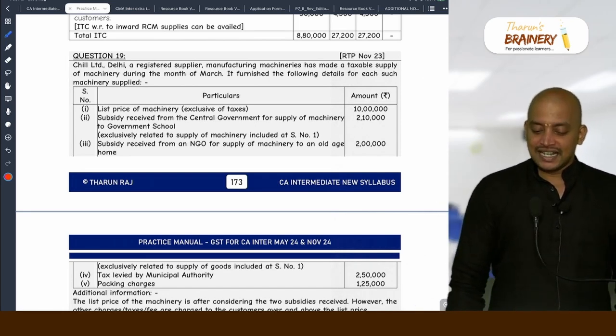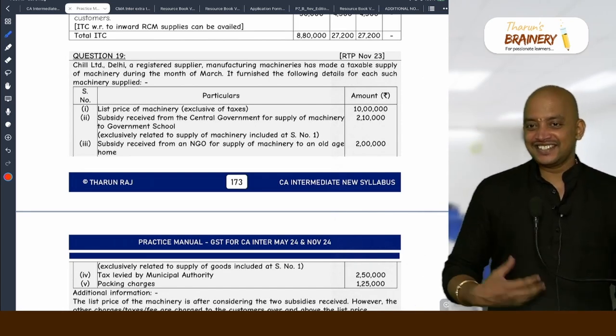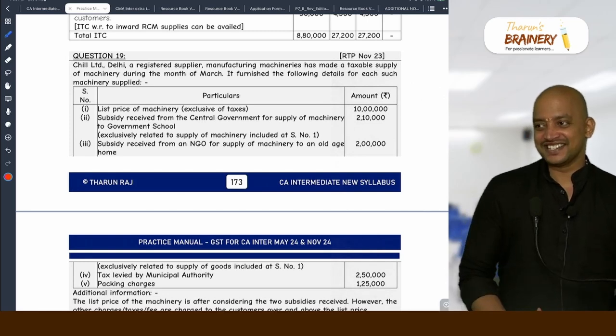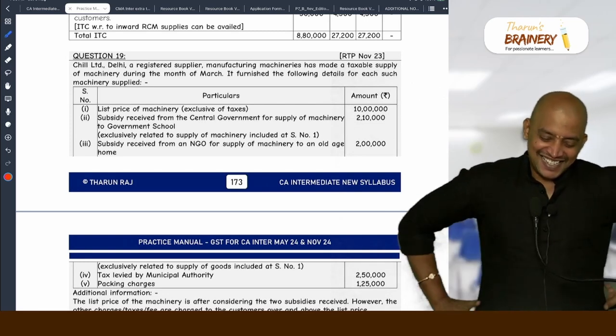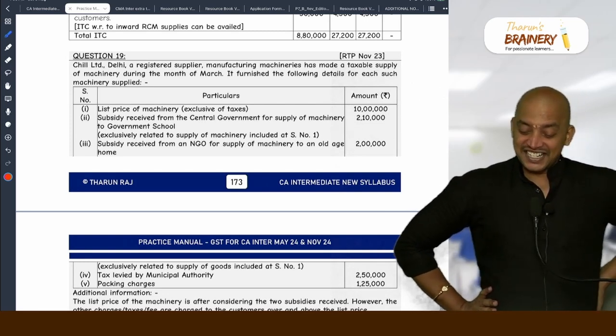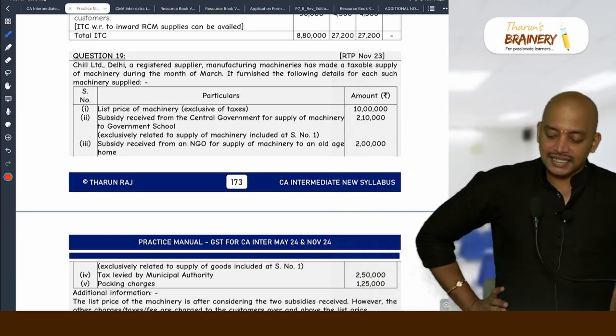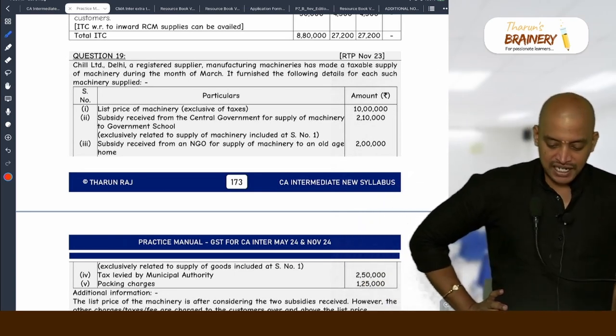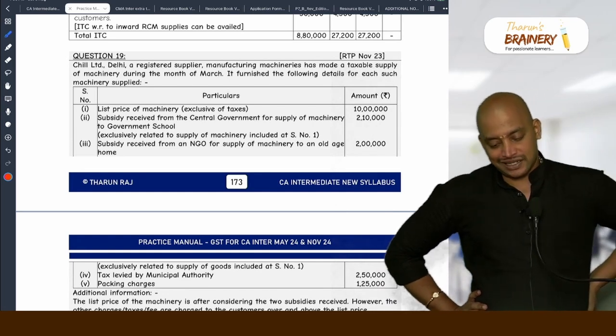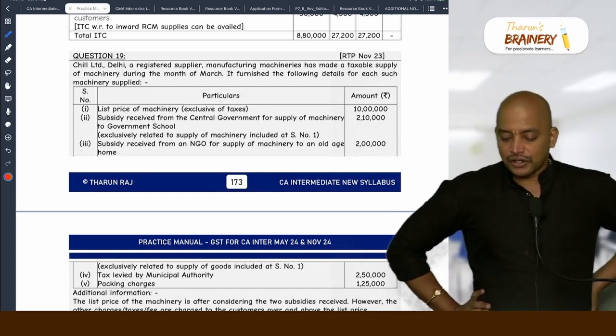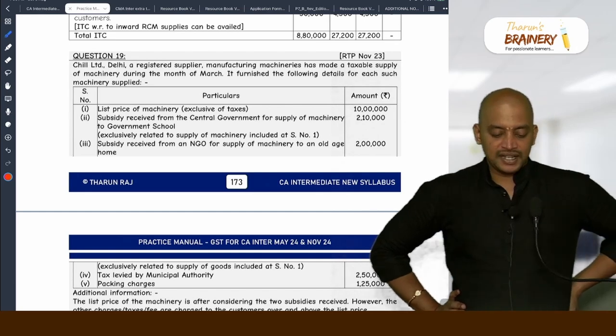Chill Limited, Delhi, a registered supplier manufacturing machineries, has made a taxable supply of machinery during the month of March. It furnished the following details for each such machinery supplied.